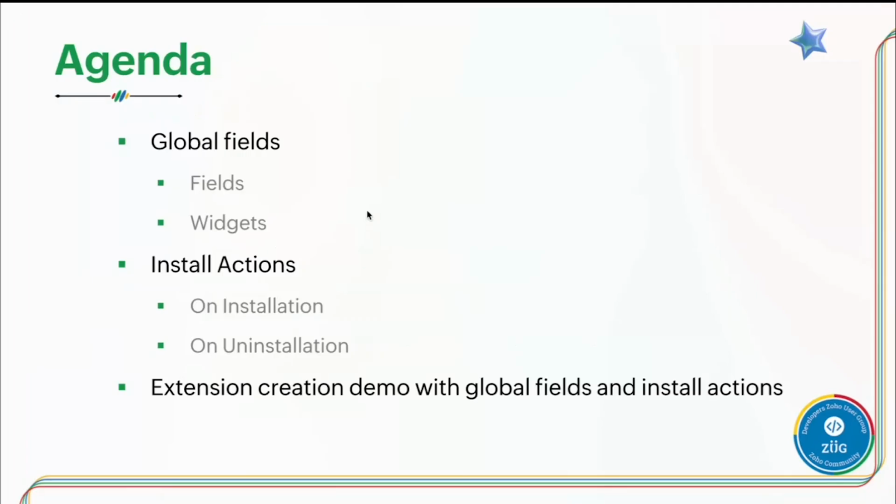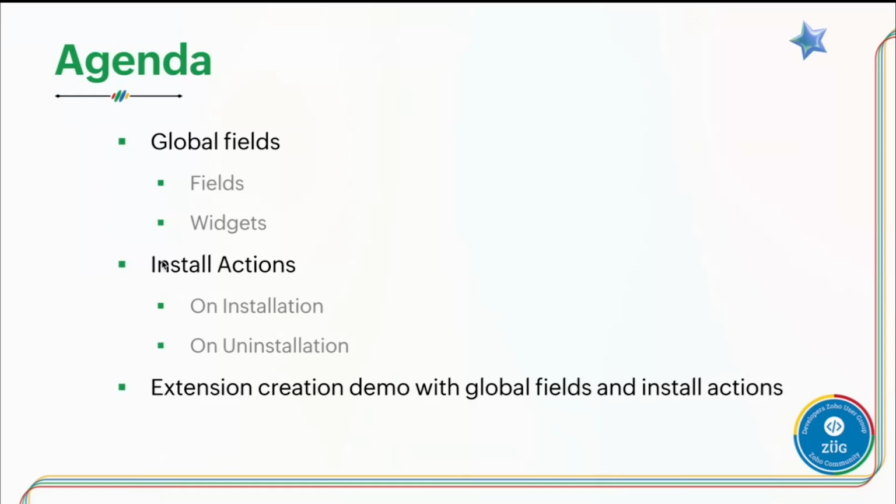The topics that we will be covering in today's session are as follows. First, we'll see global fields, which help us in creating configurations which can be accessed from anywhere within the extension. We can create global fields in 2 different ways, one as fields and the other one as widgets.